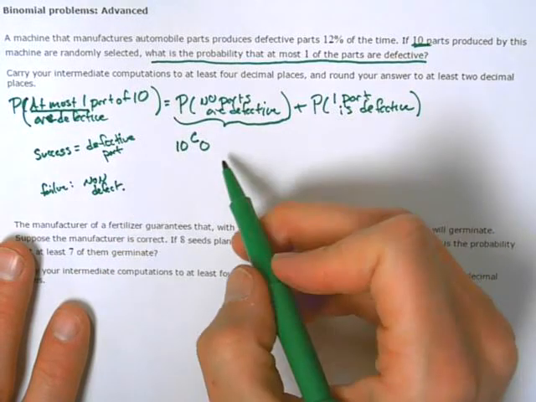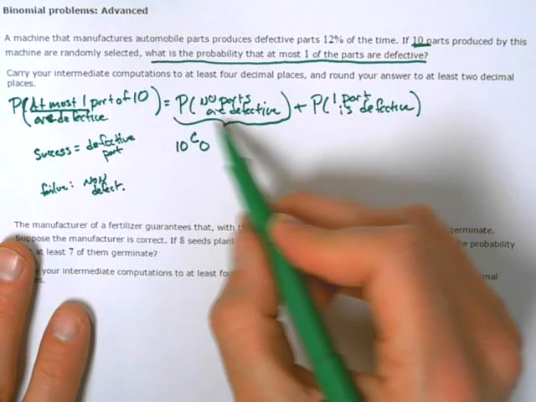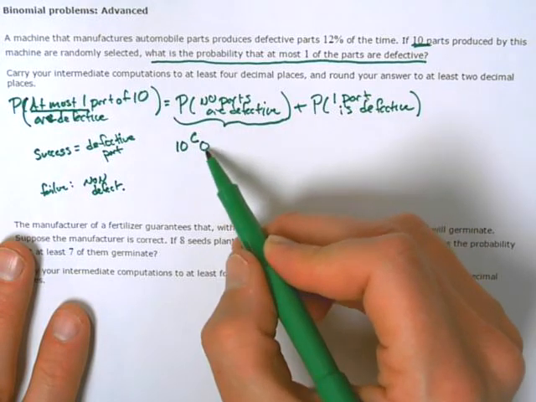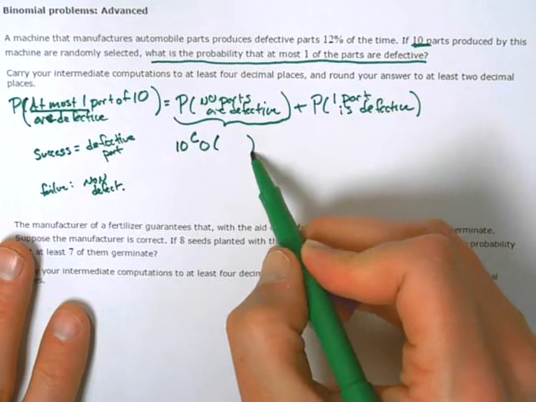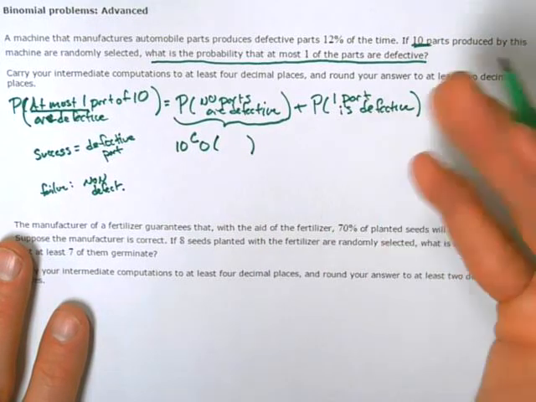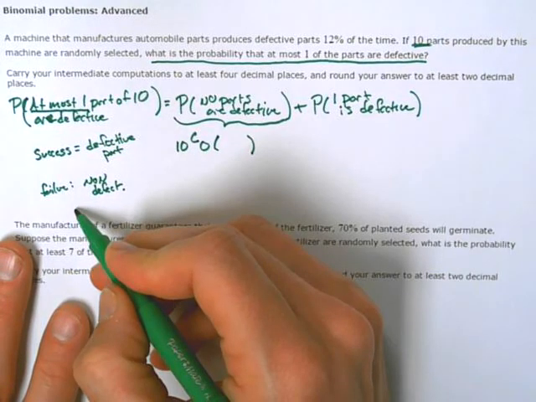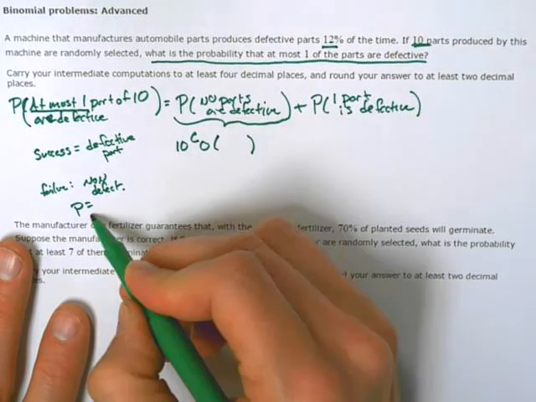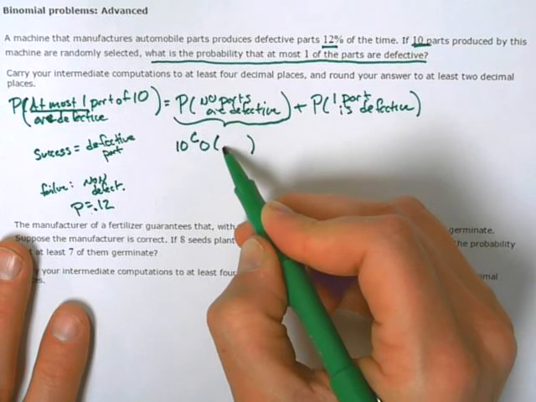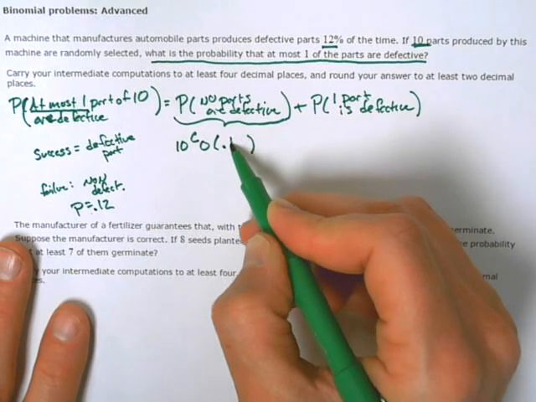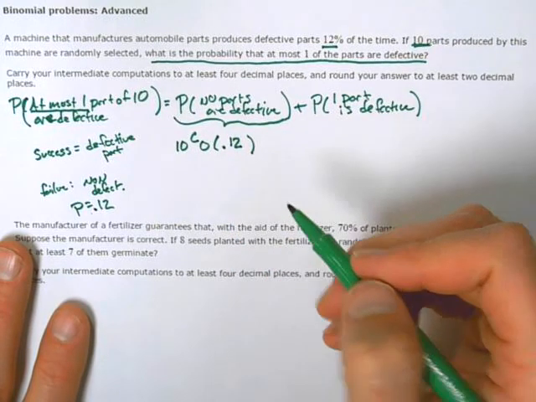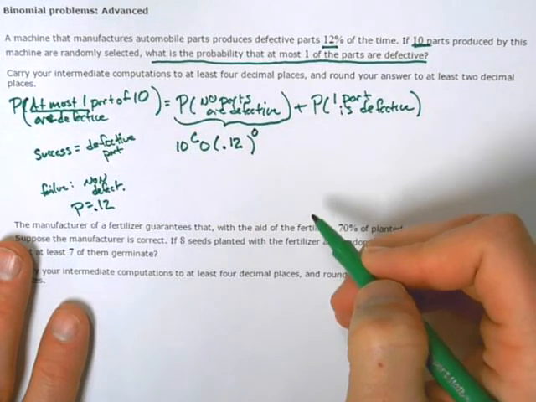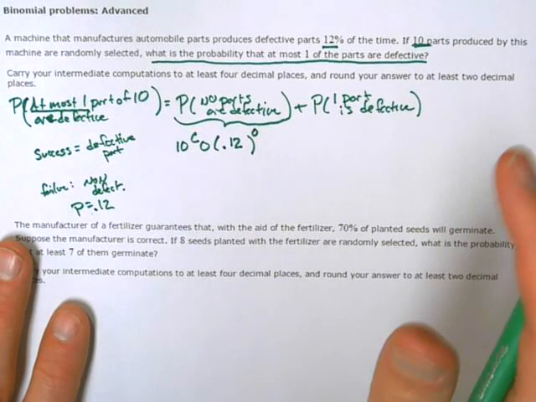So here, if I want no parts defective, I have 10. I'm choosing no successes. Now, the probability of success, meaning the probability of a defective part, the probability p from binomial problems basic, is 12% or 0.12. We're raising that to the 0 power because we don't want any defective parts.